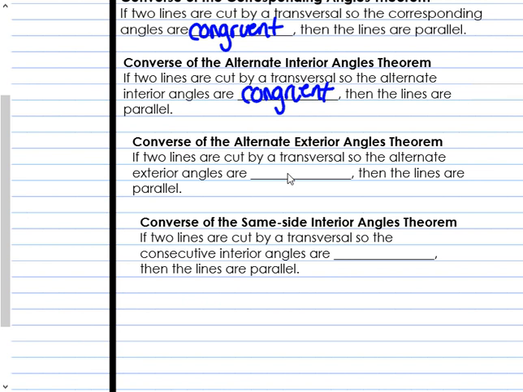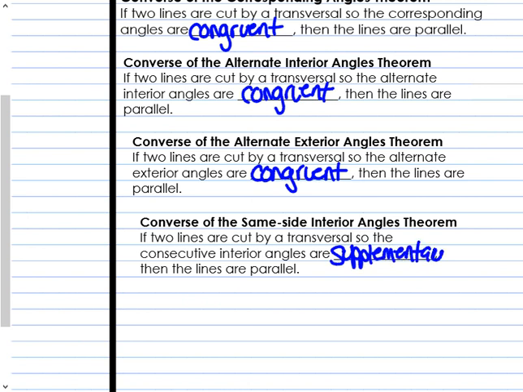The converse of the alternate exterior angles theorem says, if two lines are cut by a transversal so that the alternate exterior angles are congruent, then again, those lines are parallel. And the last theorem says, if two lines are cut by a transversal so that the consecutive interior angles are supplementary, then the lines are parallel.